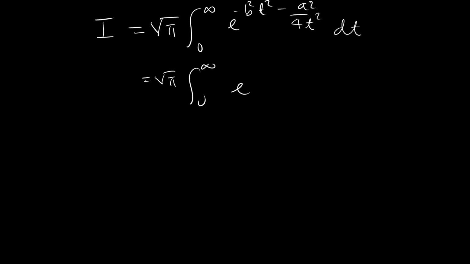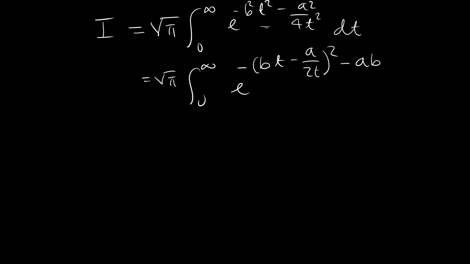This e to the power negative bt minus a over 2t, squared, so we have minus minus, so we'd have to have a minus ab there, because the squares have already been handled up here.